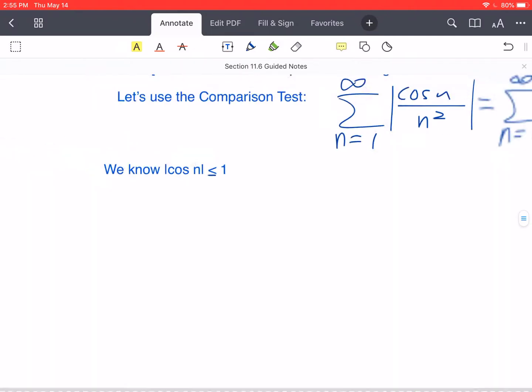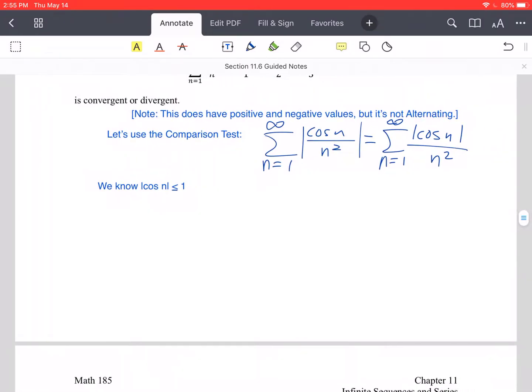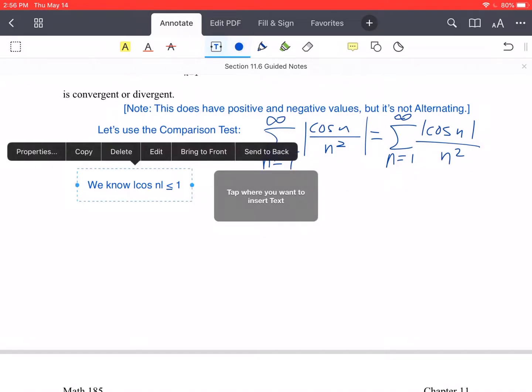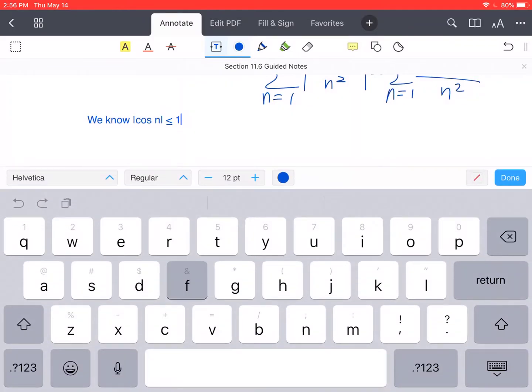Okay, right, that's just a property of cosine, that trig function. So cosine is always between -1 and 1, and then since it's the absolute value, it must be just less than or equal to 1. And that is for all n.